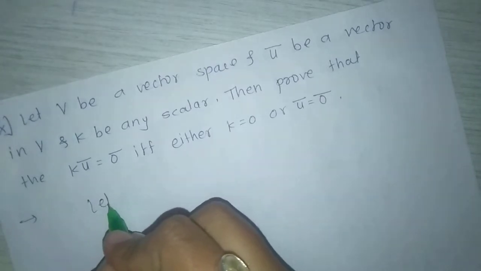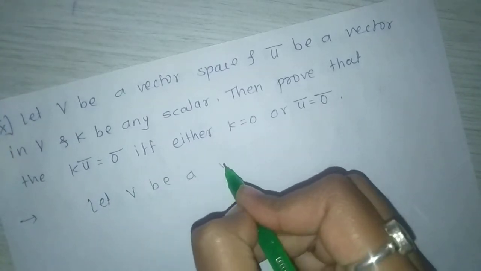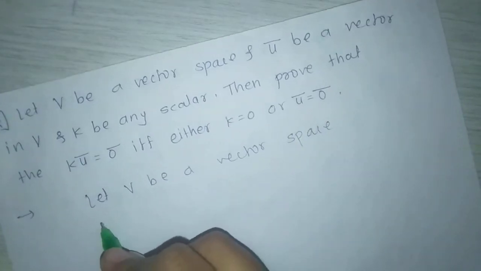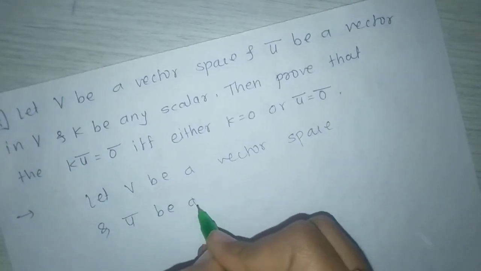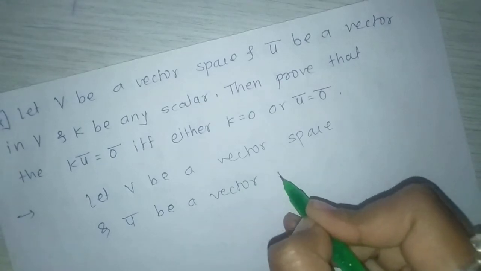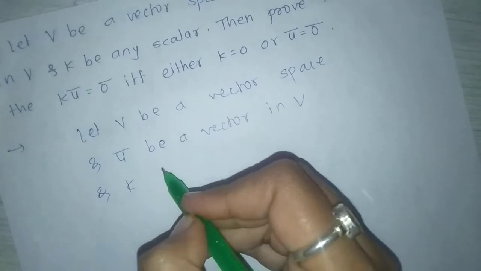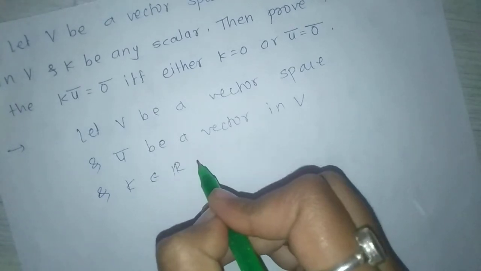Let V be a vector space, and U bar be a vector in V and K be any scalar, means K belongs to R.